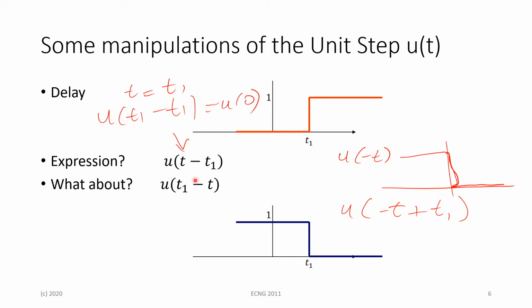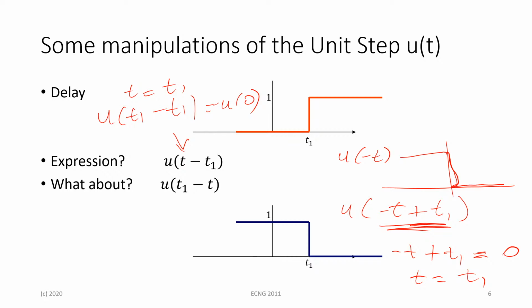So that means we need to say that minus t plus t1 is equal to 0, because we want that to resolve to 0 to get our vertical change. And what that means is that t must equal t1 when we do our equation manipulation.